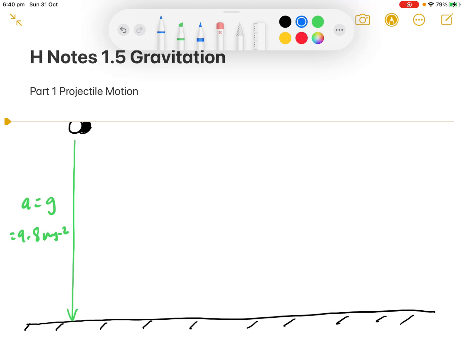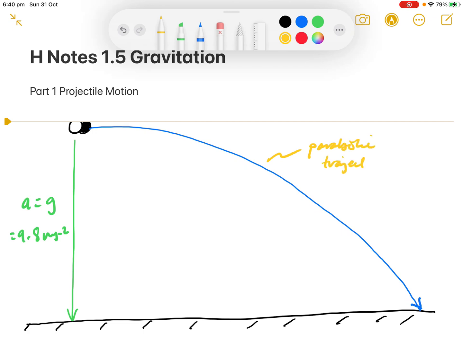And of course, as I'm sure you know, its motion is like this. It follows a parabolic path. Parabolic trajectory.